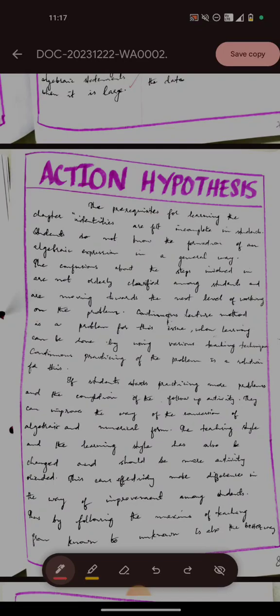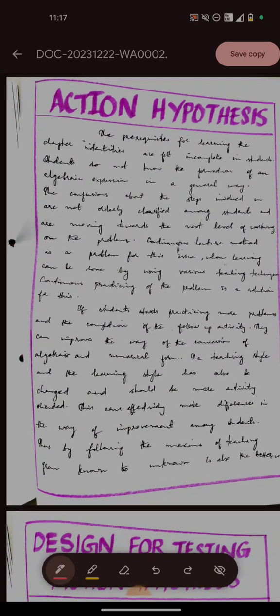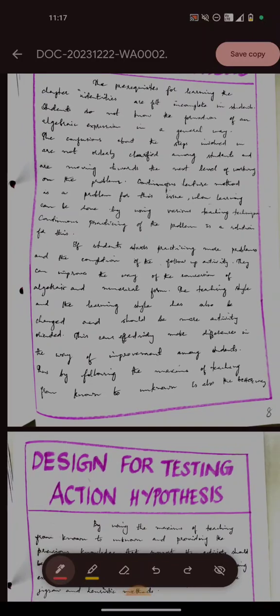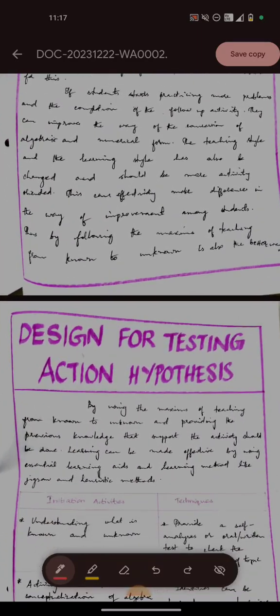And the next paragraph, what are the possible ways that we can solve the problems, what implementations we can do to solve the issues. That is the action hypothesis. Here we are following maxims of teaching, like known to unknown, for example.